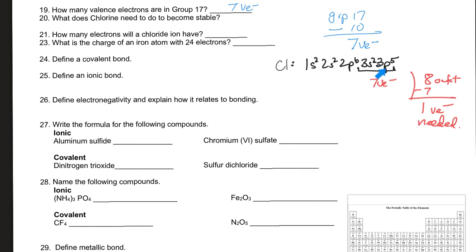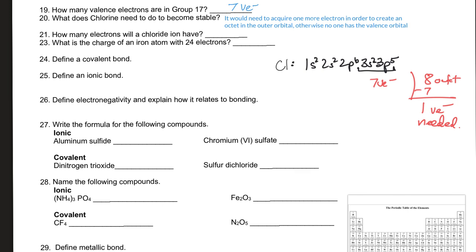It's going to go in the p orbital because it has space for 1 more electron, and with it, it will have met the octet. Right now at 7 valence electrons, it's 1 electron short. So if we put that here as a response, then we'll see the answer. Let me put it there for you so you at least have a record of it. So there is the written statement of what chlorine needs to do to become stable.